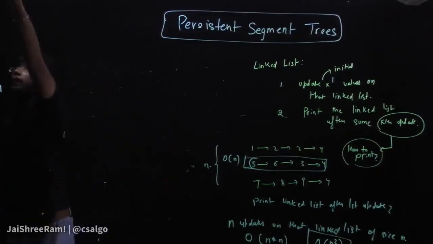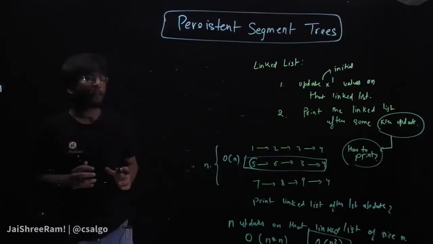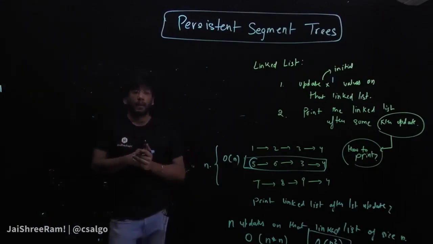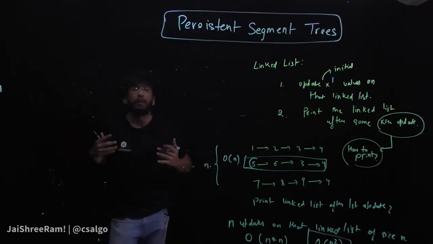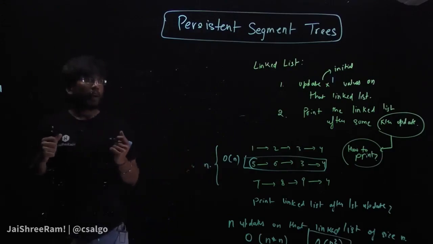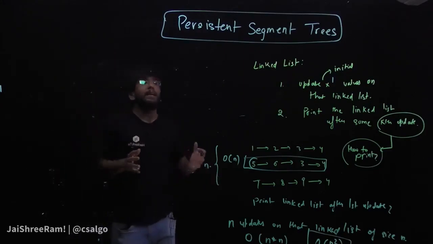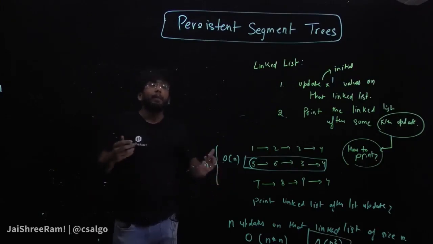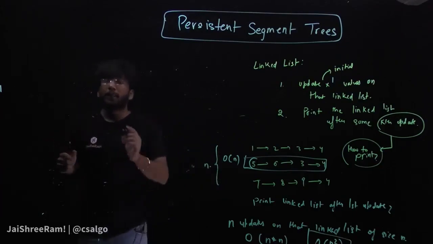So coming on to the topic, persistent segment trees. As we have got a clear idea of what persistence in a data structure actually means, now we can easily understand how persistent segment trees would function. A persistent segment tree would keep all the updates that take place on that segment tree persistent, or we can say it will retain all the updates that are taking place.